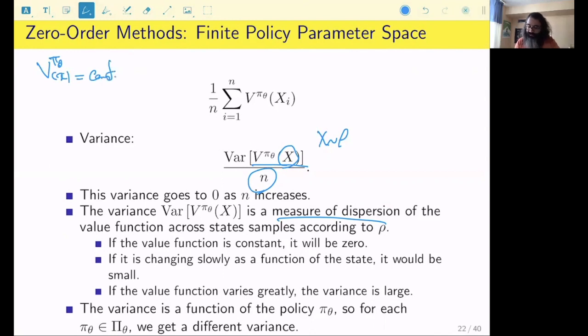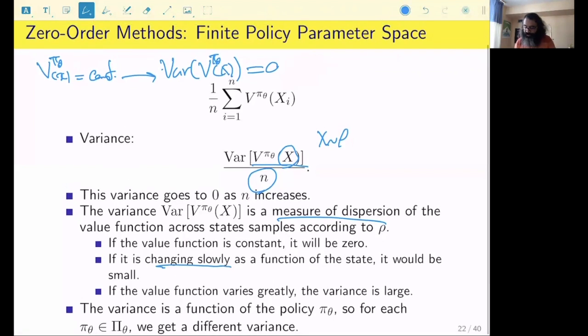Then the variance is going to be 0, so there wouldn't be any variance, and one point would be enough to estimate J of rho. If the value function is changing, but changing slowly, then the variance would be small.